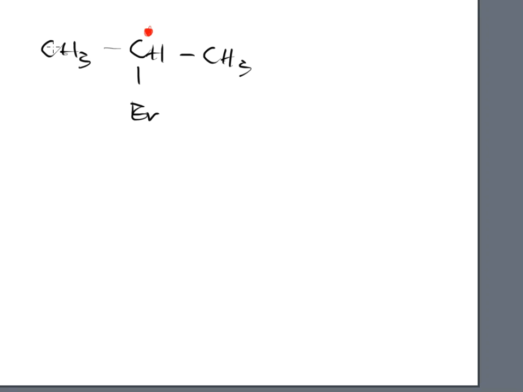Meaning that the hydrogens here on the left are on a carbon that's attached to one other carbon and a bromine. And then if I look at the ones on the right-hand side, these are 3 hydrogens on a carbon that's attached to one other carbon as well as a bromine.